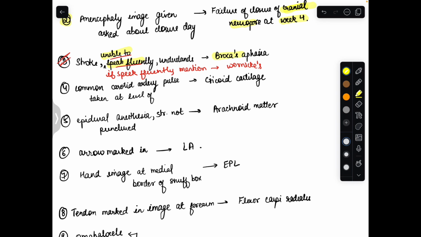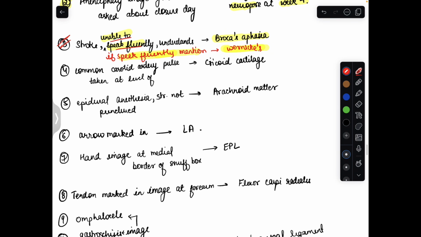If the question was unable to speak fluently, then the answer is Broca's aphasia. And if in the question paper it mentions that the person can speak fluently, but there is an understanding problem, then the answer is Wernicke's. So according to you, if you remember what was given in the questions, then you can mark according to yours, okay? And you can count the point also.